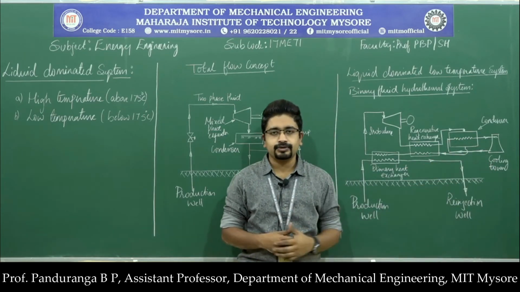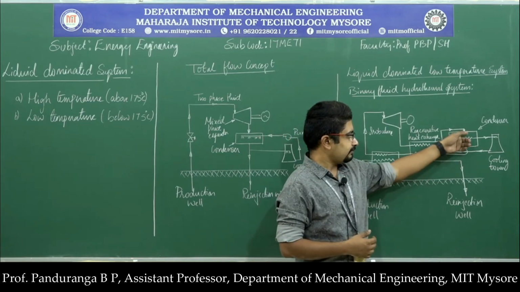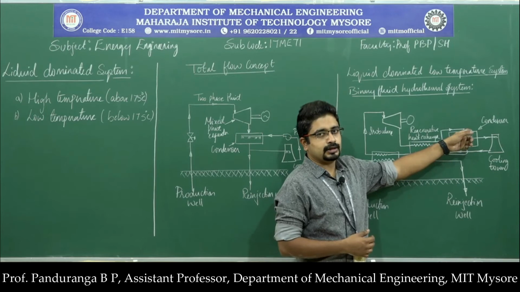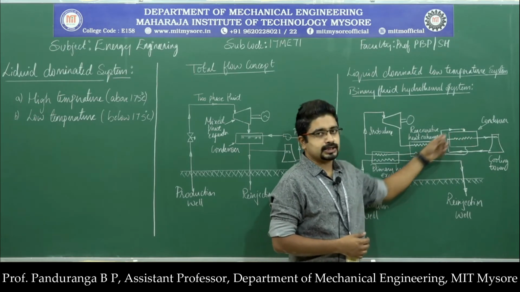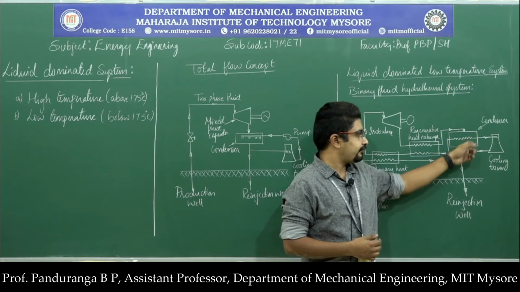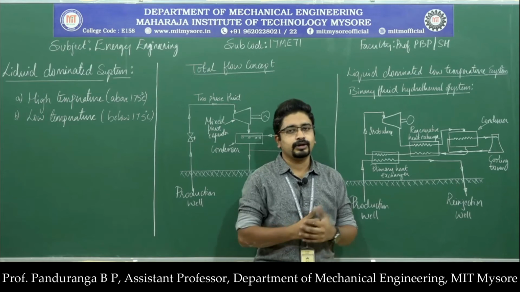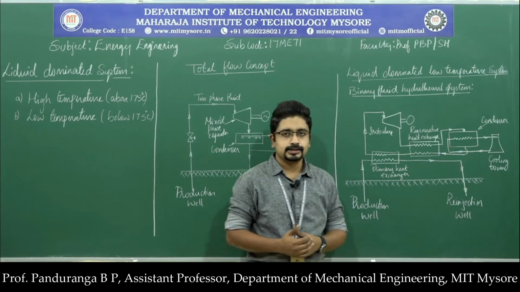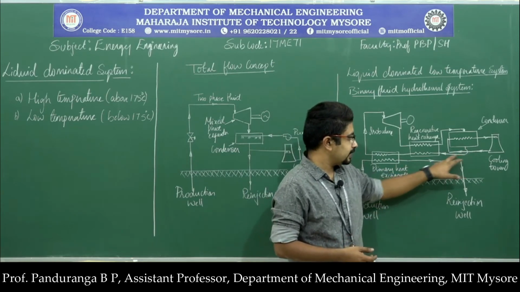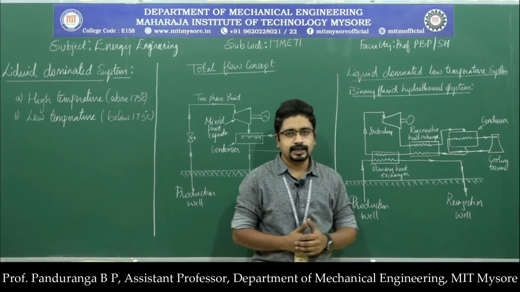There will be a bundle of tubes through which the cooling water will be flowing, and the vapor of isobutane coming from the regenerative heat exchanger will flow over the tubes, get condensed and converted into liquid isobutane, and get collected at the bottom of the condenser. That liquid isobutane will be passed through the regenerative heat exchanger.